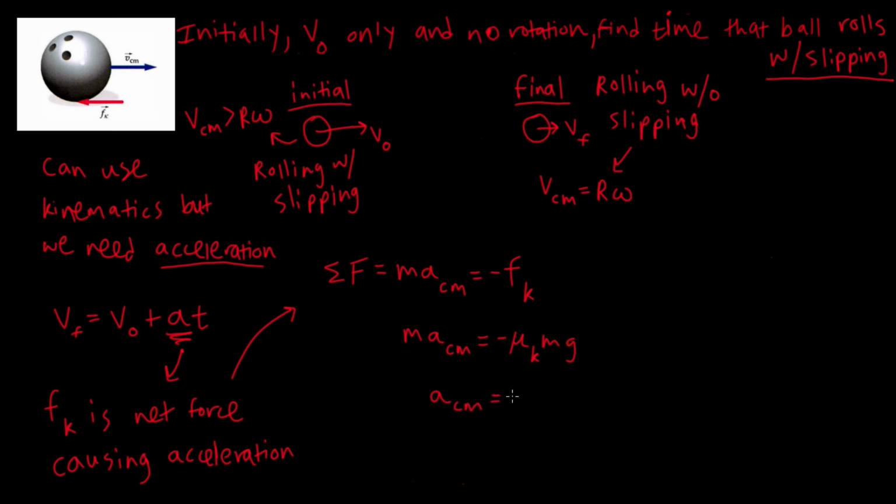If we divide both sides by the mass m, we get that the coefficient of kinetic friction times the acceleration due to gravity equals the acceleration of the center of mass. Once again, the formula for the force of kinetic friction is the coefficient of friction times the normal force. And notice that the acceleration here is negative.